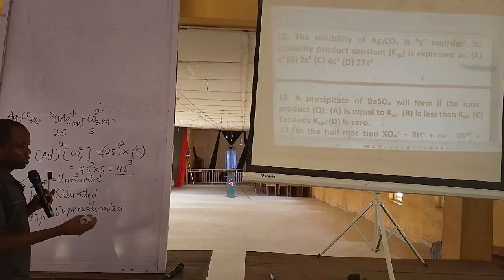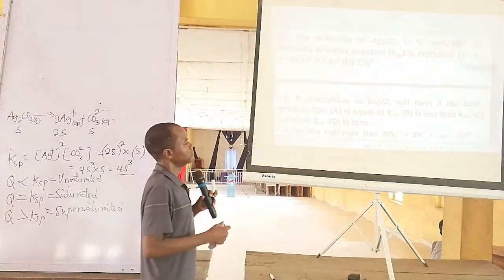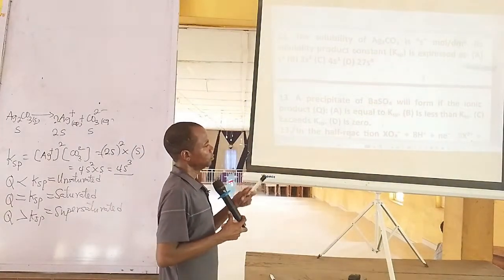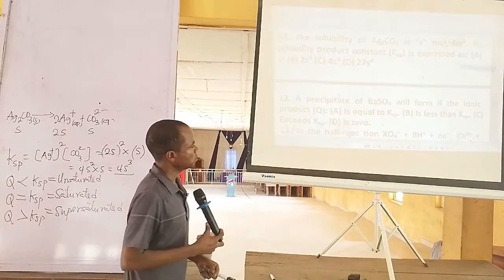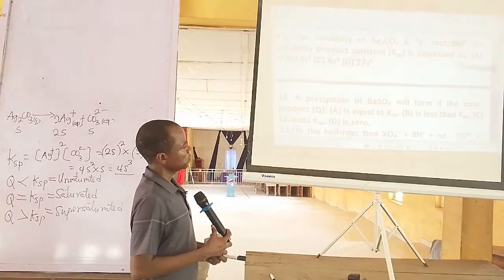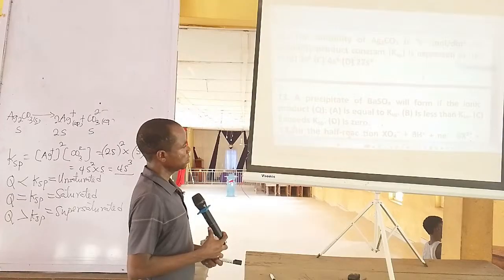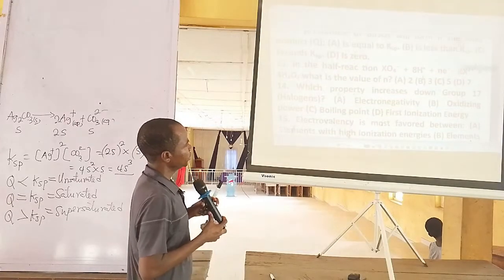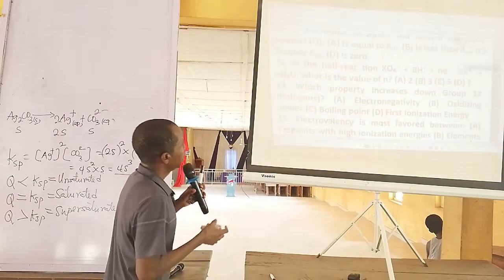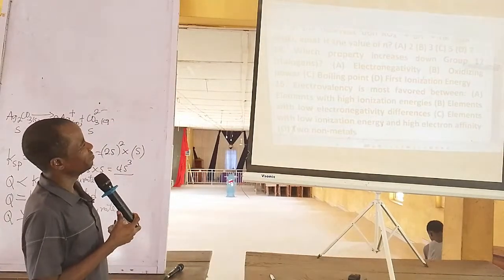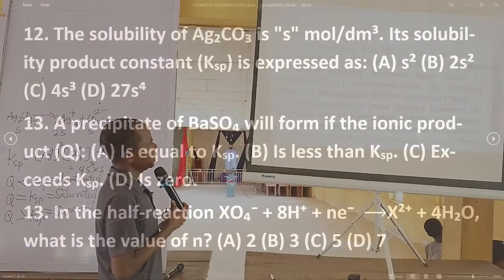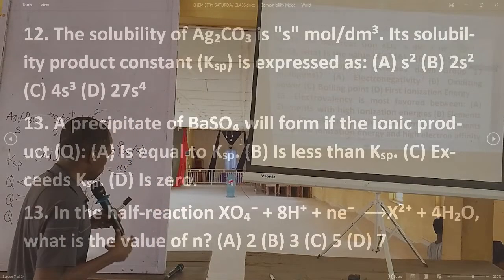Let's see the rest of the question. Okay, so in the half reaction, you can see the half reaction. Then the question is asking us what is the value of n.